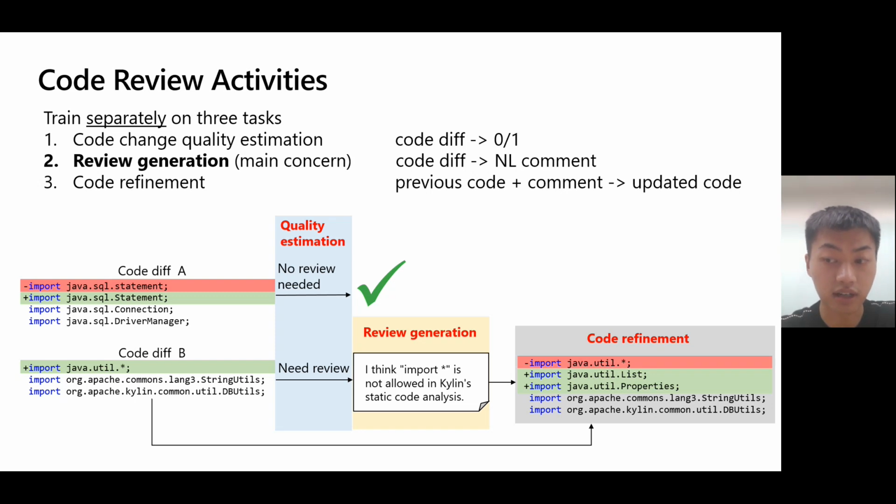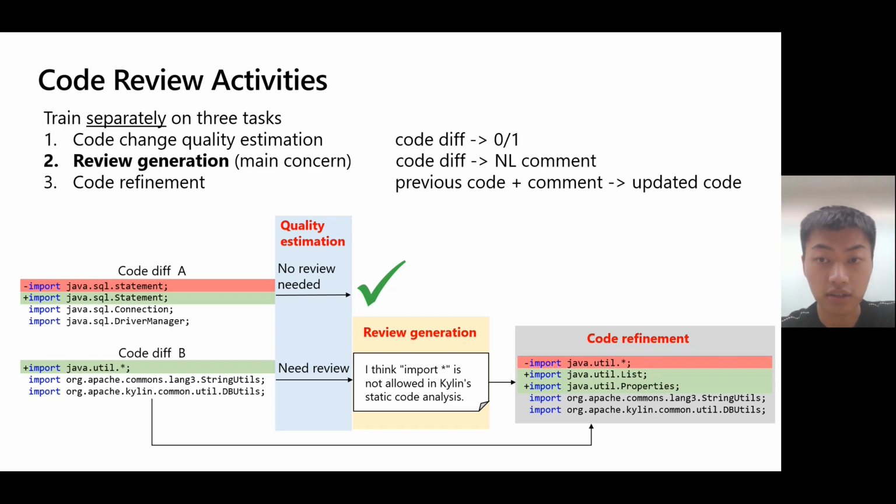leads to the second task, which is to generate the review comment based on the code diff. And after the comment is given, the model can revise the original code according to the suggestions for the contributor. And that is the third task.